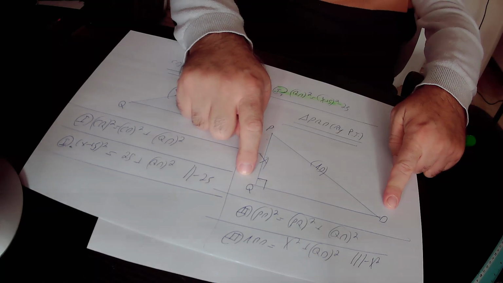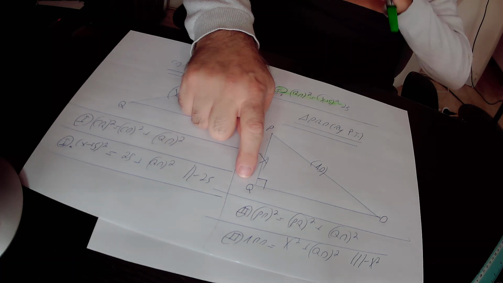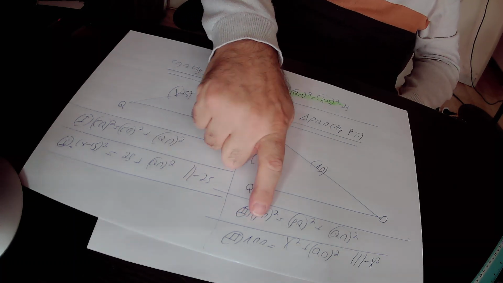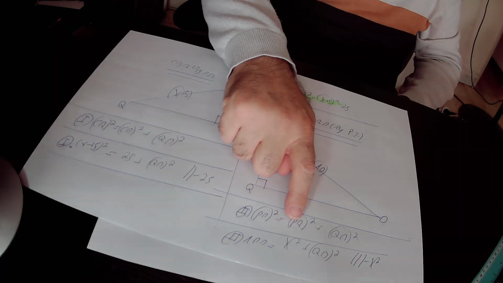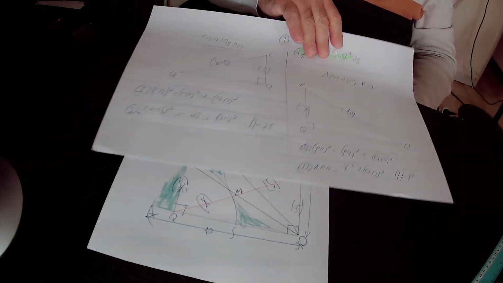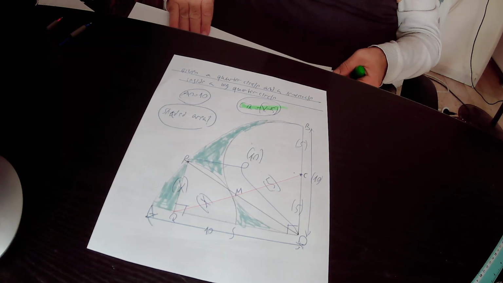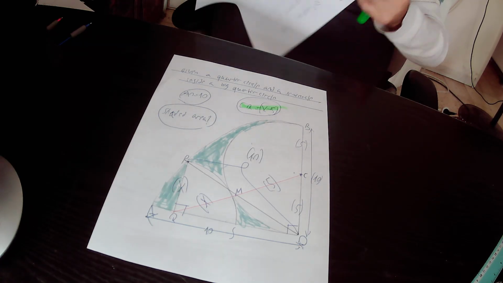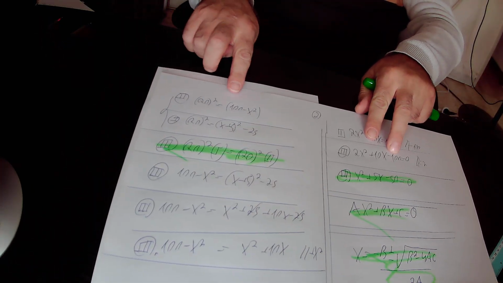QO squared is the missing side. So in total, according to equation 2, we find that 100 equals x squared plus QO squared. Here we subtract x squared from equation 2, and finally find that QO squared equals 100 minus x squared.